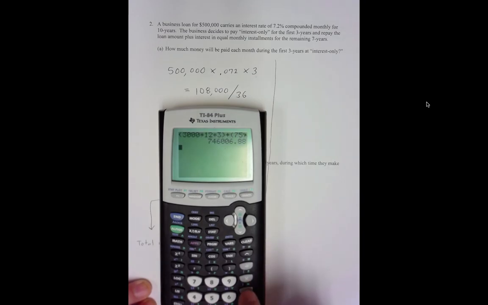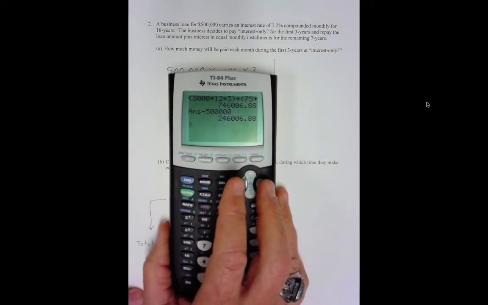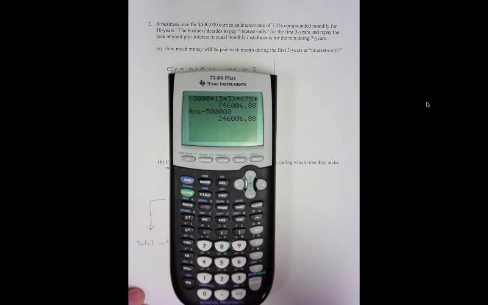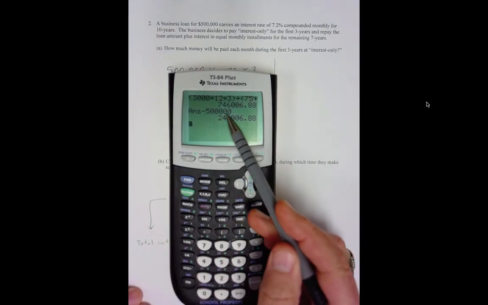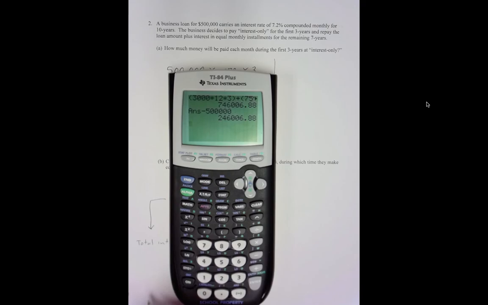Now, if I subtract out 500,000, which is the principal, I have to get the interest paid. You can always find the interest paid by taking the total value of the payments minus what you financed. That has to be the difference, has to be the interest. So $246,000.88.